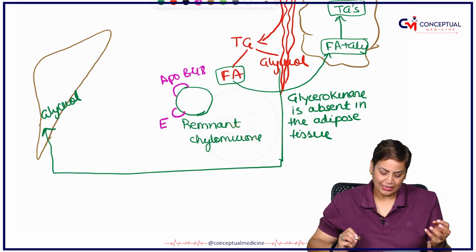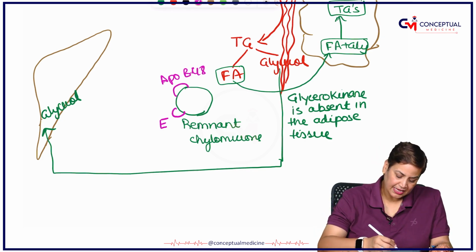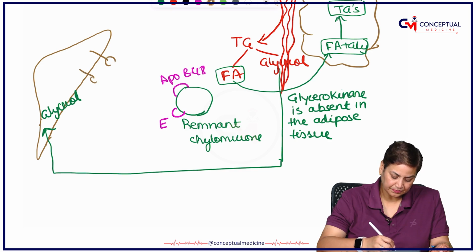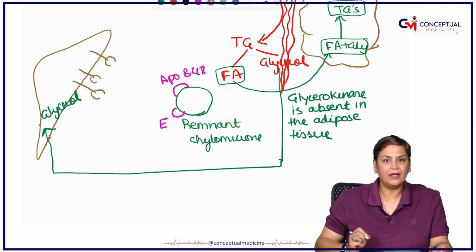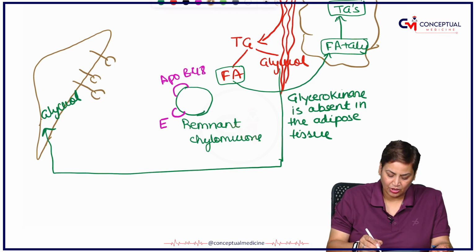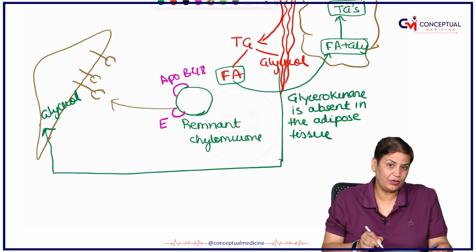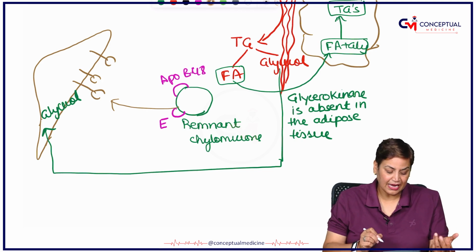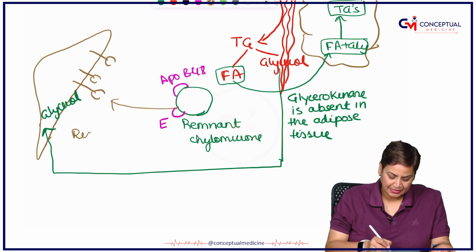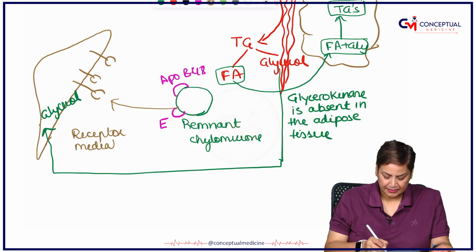Okay. Now, the last step would be, here antenna shaped molecules will be there like this. These antenna shaped molecules are going to be recognized by this Apo E receptor. That is why I told you it is a receptor mediated endocytosis. So what happens here is receptor mediated endocytosis.